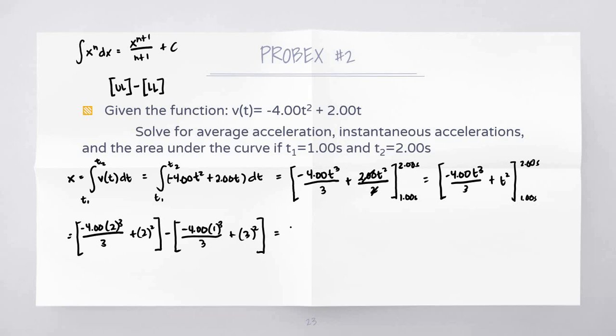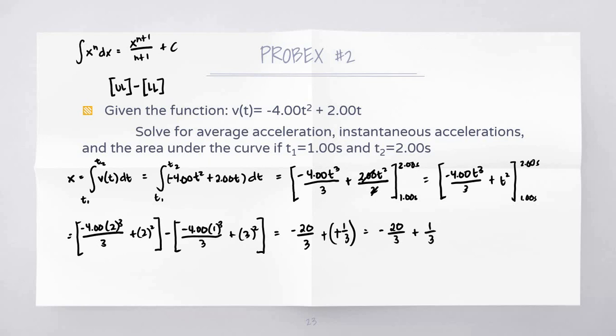Our answer will be negative 20 over 3 minus negative 1/3. Since this is negative 1/3 and it's preceded by a minus sign, it becomes positive, so this will be plus. Let's rewrite it: negative 20 over 3 plus 1/3.